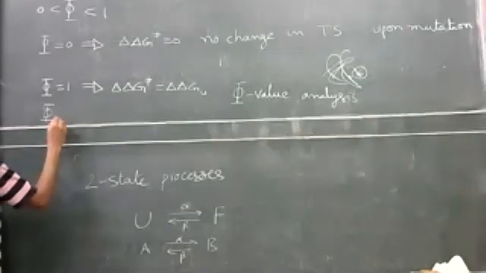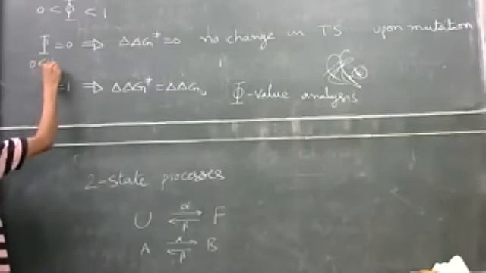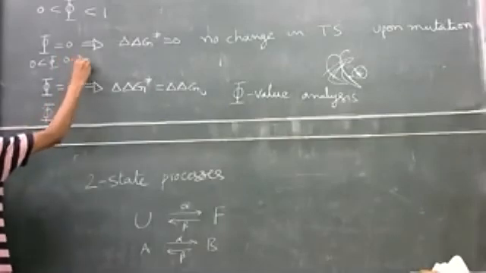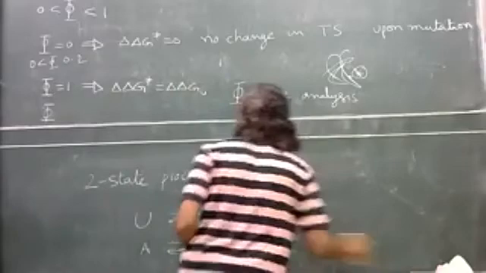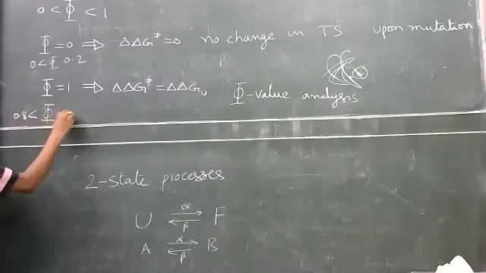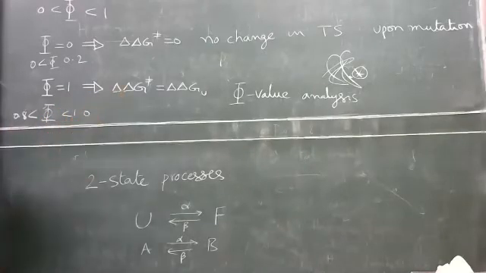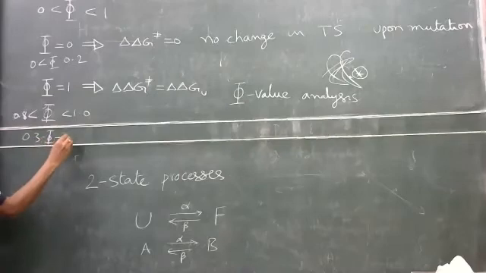But typically they say that phi of 0 means anywhere from 0 to typically 0.2. You can consider this no change. And phi values anywhere from, let's say, 0.8 to 1.0, you can consider this. But then the values between, let's say, 0.3 to 0.7.